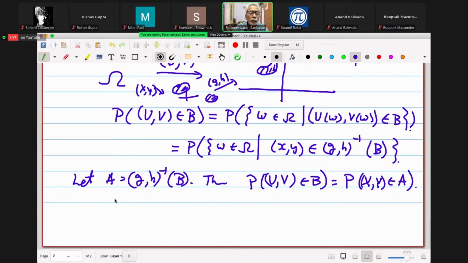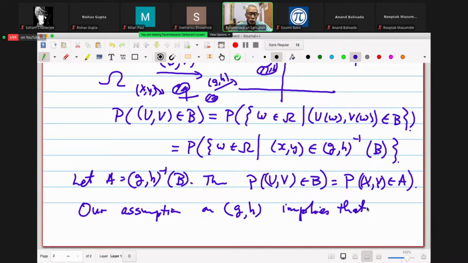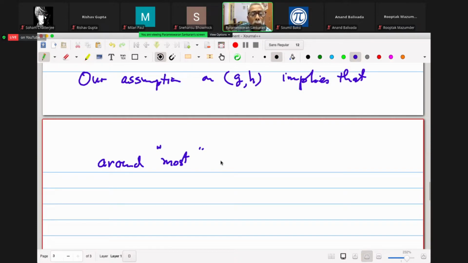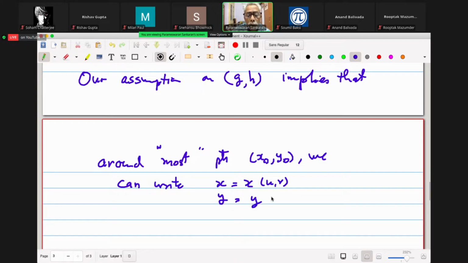In fact, our assumption on (g, h) implies that around most points (x0, y0), we can write x equal to x(u, v), and y equal to y(u, v).